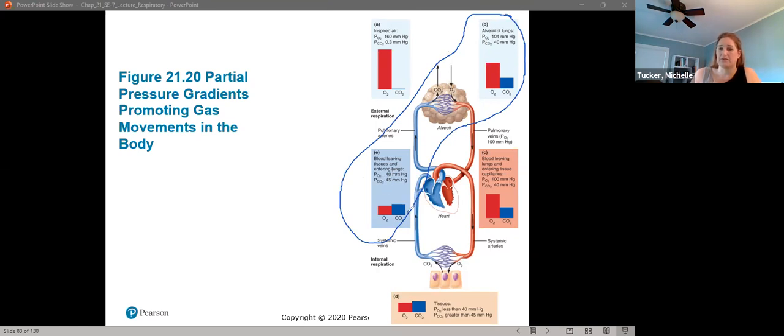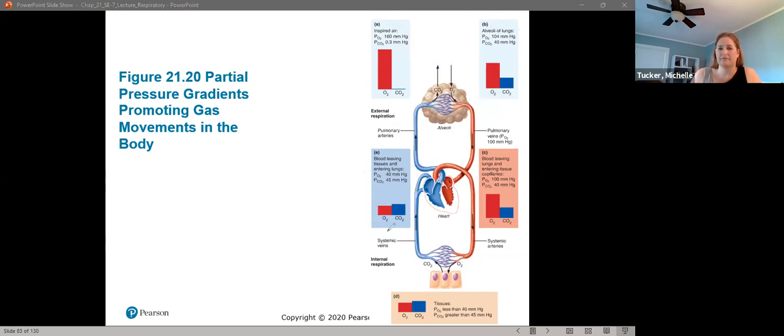The reverse happens for carbon dioxide. The partial pressure gradient is 5 going in the direction of blood towards the alveoli. So the blood has the higher pressure, so it pushes CO2 into the alveoli. So always going from high pressure to low pressure.